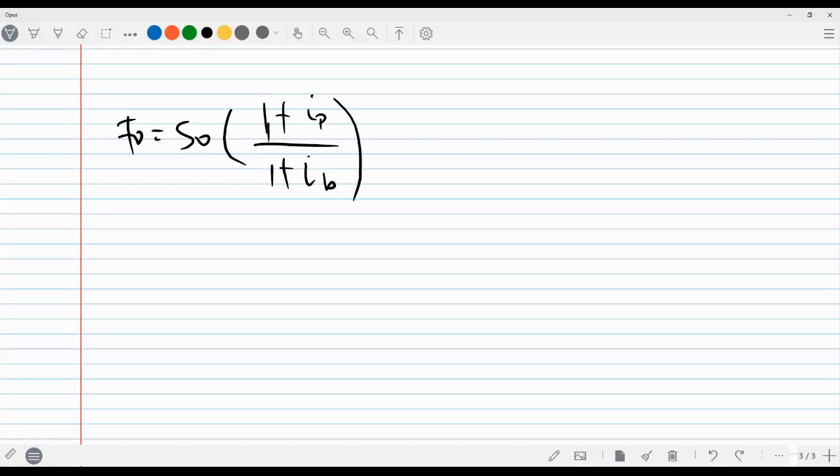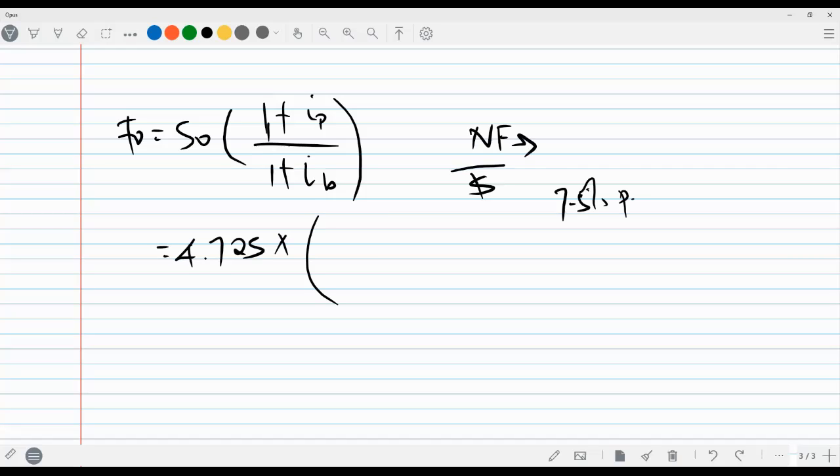Therefore, the current spot rate is 4.725. The quotation is NF to the dollar. Therefore, the interest rate in NF is 7.5% annualized, per annum. However, don't forget this is a 90-day forward, so we need to convert this rate from per annum to 90-day.